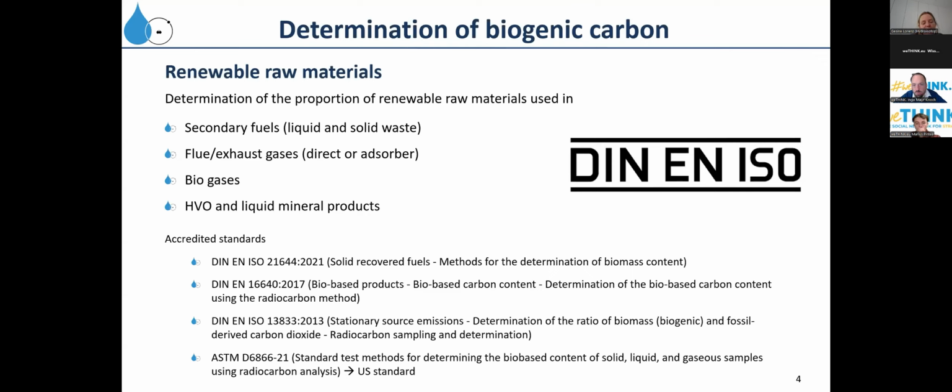It's basically the same as the DIN 16640, but there's an important difference, as the US norm bases the result on the organic carbon of a sample, and the European norm bases on the total carbon of the product.